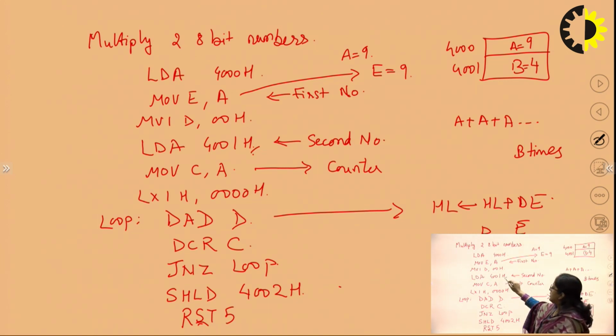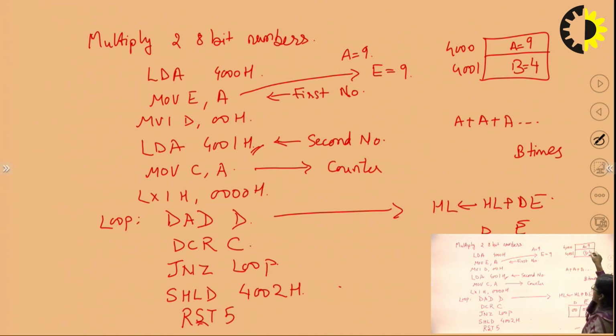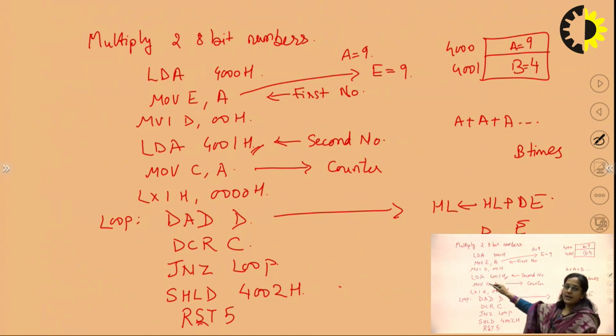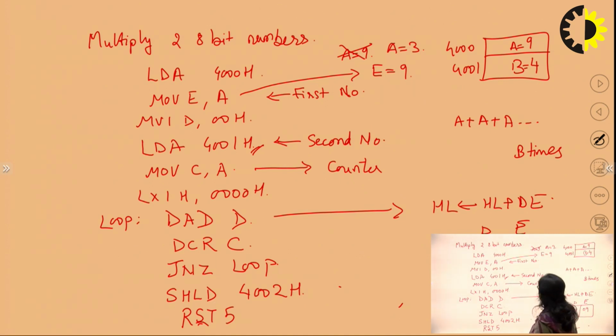From the second instruction, 4001, the content will be stored in the accumulator. So now the content of the accumulator will be 4, and this 4 will be stored in the C register as a counter.